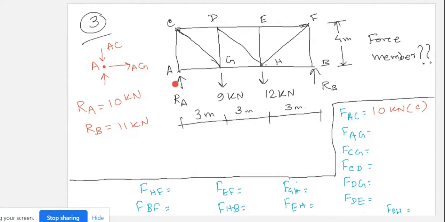These two are forming the force equilibrium. But this AG is the only single force, and here there is no force. So this sort of member, the magnitude of the force will be zero, and this sort of member is called a zero force member. So here AG will be zero.